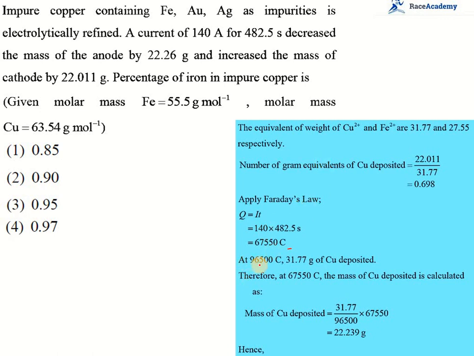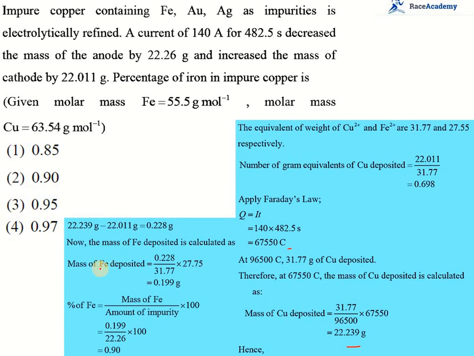But we know that 96,500 coulombs gives 31.77 grams of copper, so 67,550 coulombs gives how much copper? Upon cross multiplication we can get the mass of copper as 22.239 grams. So that is the mass of copper deposited. Now the iron mass also can be calculated as per this.